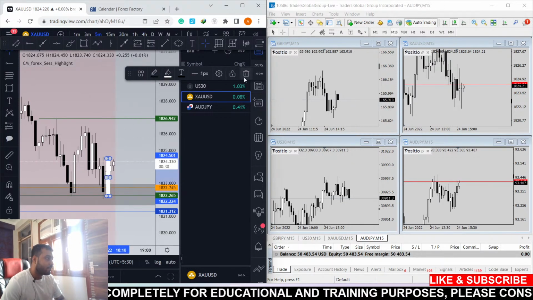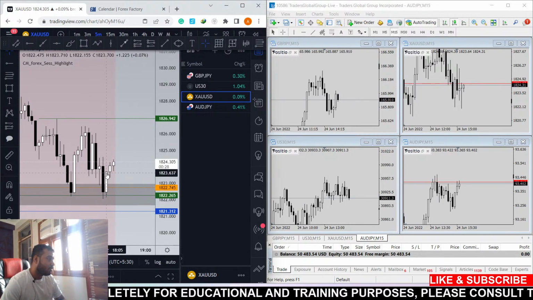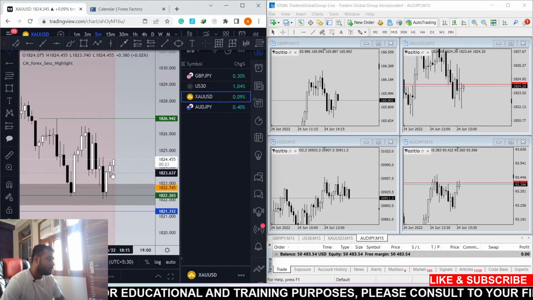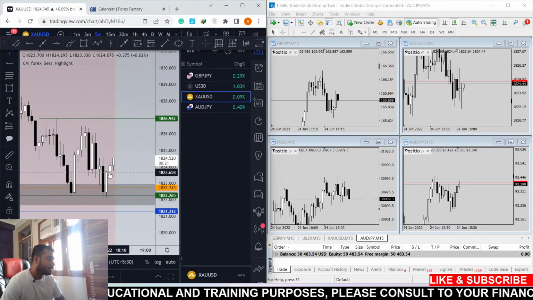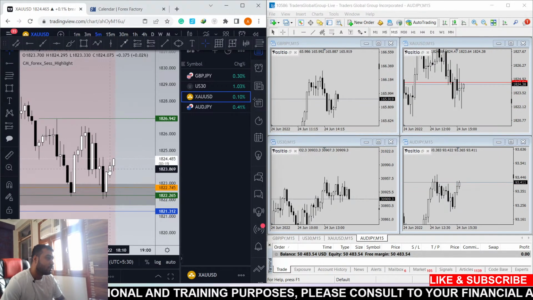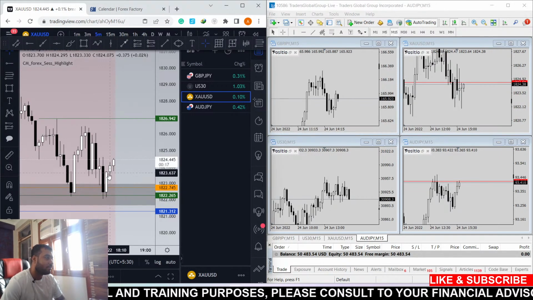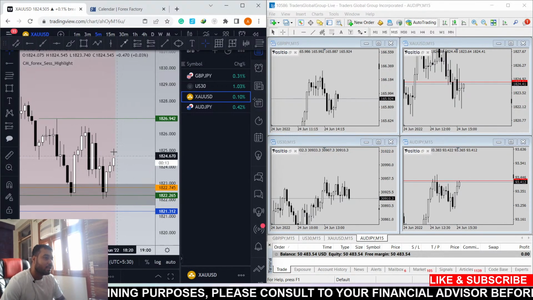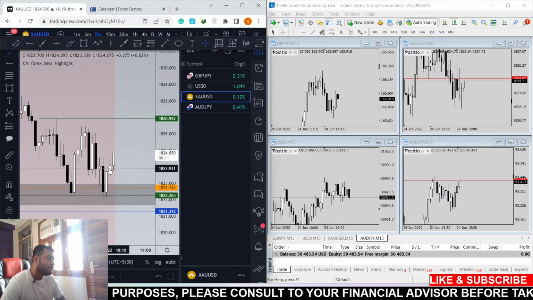But what it did, look, this came down, closed around this area. The next candle again gave us a very small candle. It's not showing a very big rejection from the area. Now it's showing some rejection, but it's not a very significant one for me.